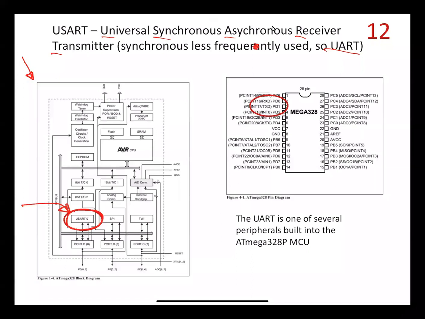So that's a bit of a sideline, but I just wanted to remind you that in embedded programming, we tend to count things starting from 0. So when the data sheet shows USART 0, it just means it's the first of n USARTs that are built into that peripheral, and we just happen to have 1 on this device. Okay.